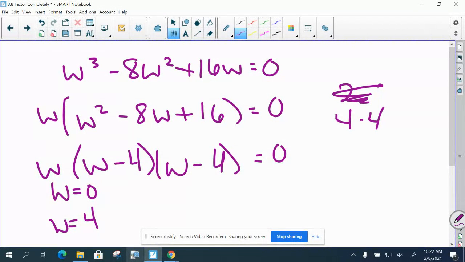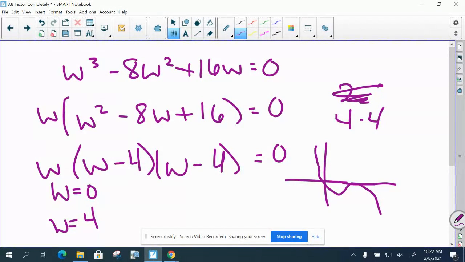So one thing that I do encourage you to try, though, is to type this into Desmos and just see what it looks like. And you'll see that the graph crosses the x-axis at 0, and then it just touches it at 4. So it goes kind of like this. It goes like that, down, crosses at 0, and then it touches it at 4, and then it goes back down. That's called a cubic function.